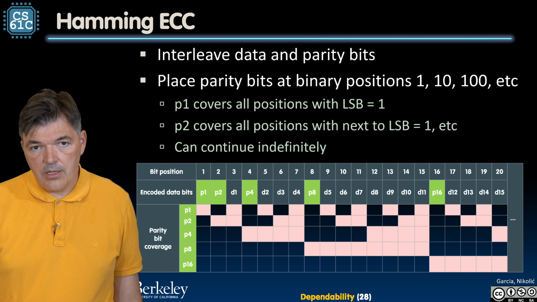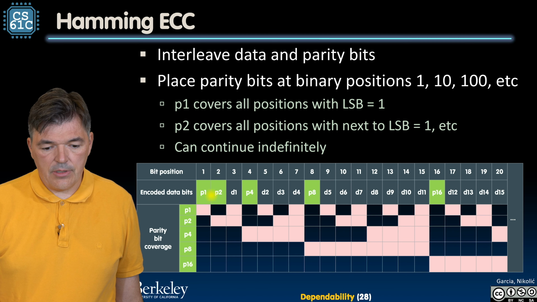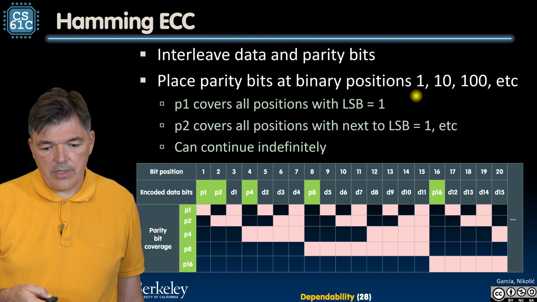And these other bit positions are occupied by the parity bits, P1, P2, P4, P8, P16. And this is done in a particular way such that parity bits are essentially always at bit positions that correspond to powers of 2. So these are bit positions that in binary correspond to 1, 10, 100, and so on.